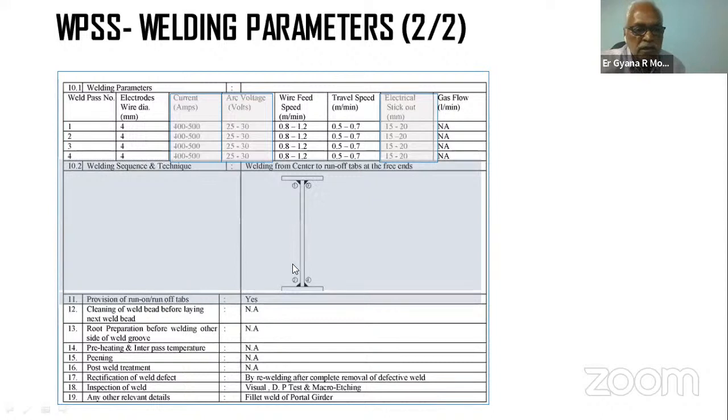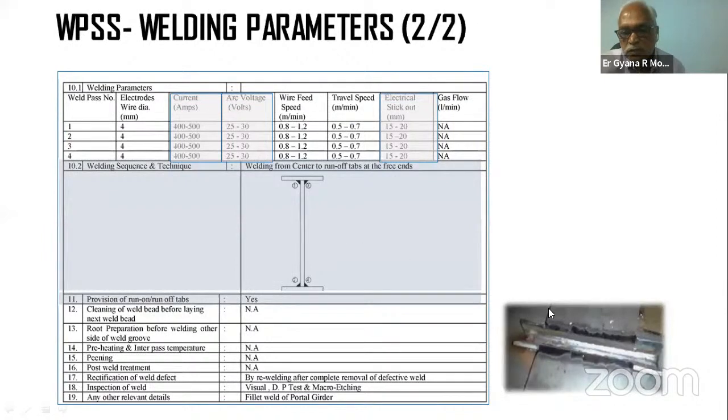So run-in and run-out have to be there. If this is not adhered to, there is an extremely high likelihood that we will have a defective weld at the beginning of the component and at the end where the arc is exiting, because there also it will create a lot of defects. So this is the run-in and run-out which is given.